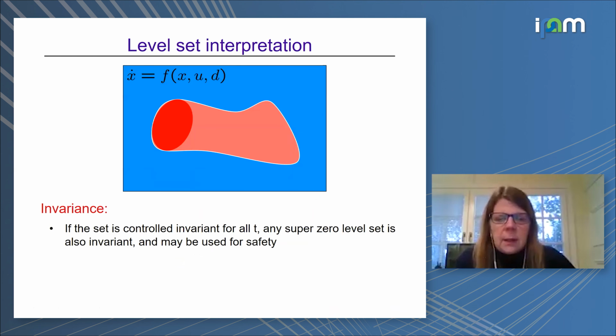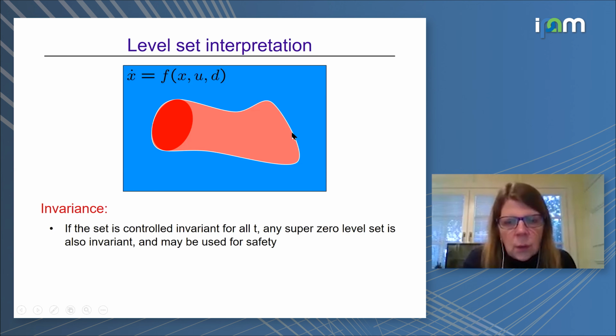Okay, and again, because it's important a little later when we talk about incorporating data-driven methods into this reachability problem: if after a certain period of time the set doesn't grow anymore, we say the set is controlled invariant for all time, meaning that after a certain point that set closes off and doesn't continue to grow.